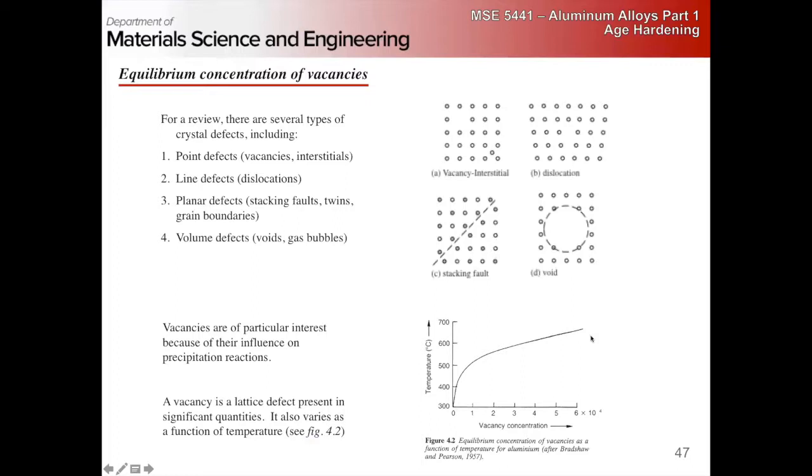So why is that? Well, we need to think about our different types of crystal defects, right? Point defects, vacancies, interstitials, line defects, dislocations, planar defects, stacking fault twins, grain boundary, and volume defects, voids, and bubble and gas pockets or things like that, right? So think about all these other defects. If we heat up our sample, do we get more dislocations? Or grain boundaries.